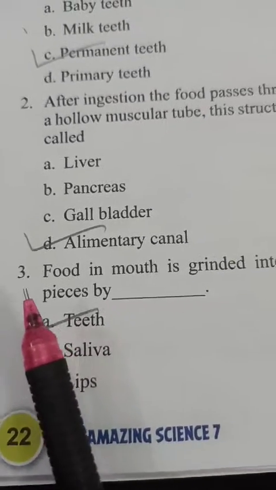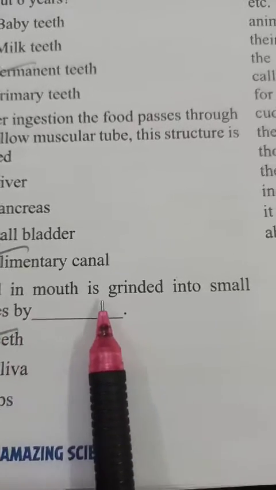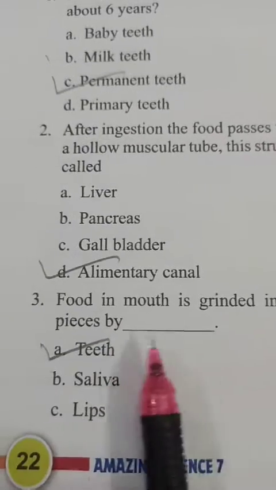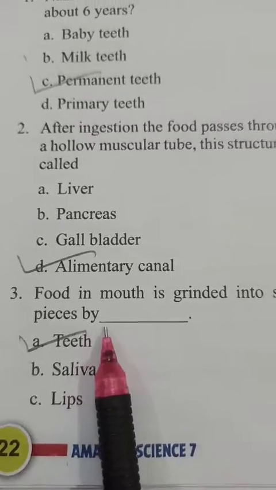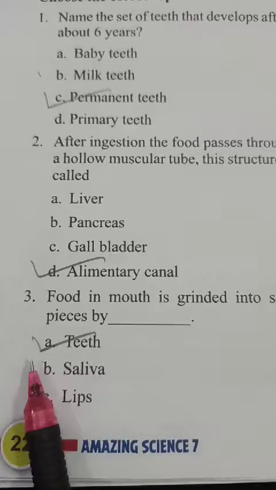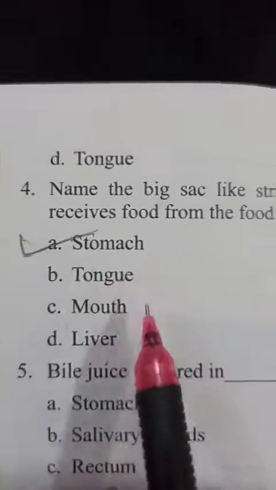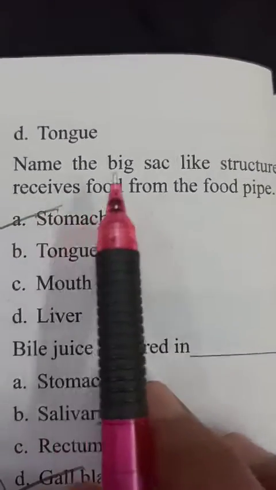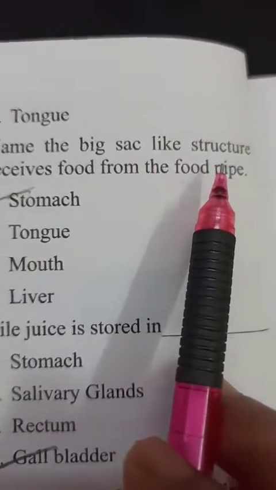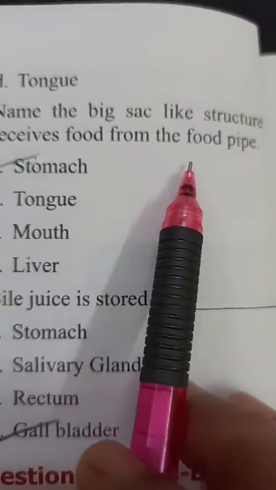And here the third one is food in the mouth is grinded into small pieces by, you know that this is very simple, food is grinded into small pieces by our teeth. So the fourth one is name the big sac-like structure that receives food from the food pipe.